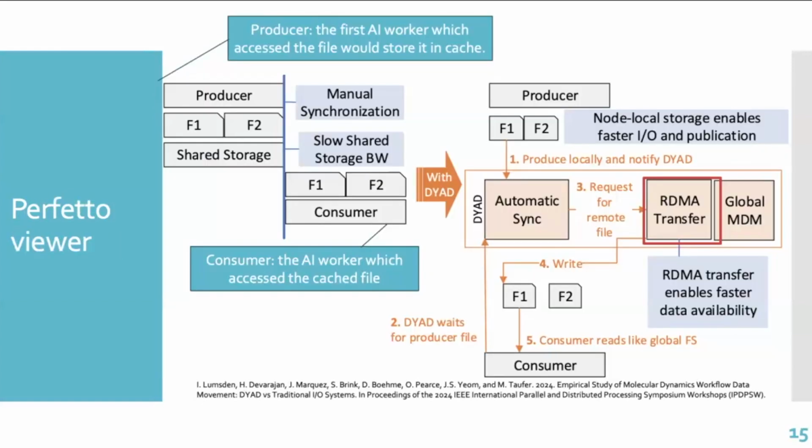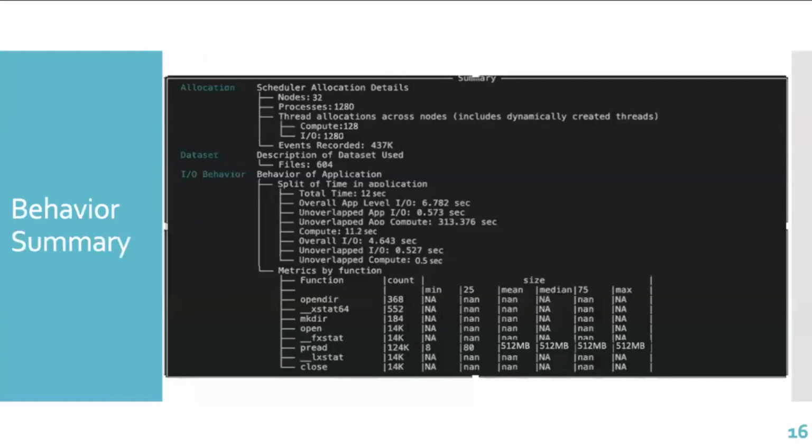Then the data is stored on the local file system there, and it gets consumed. Here the granularity is per file. So in the context of the AI workload, the whole file is moved from the producer to the consumer, and then samples are read the same way as if the file was present locally on the consumer. So doing this optimization keeps the same kind of I/O behavior because, as I said, you just move the whole file there.